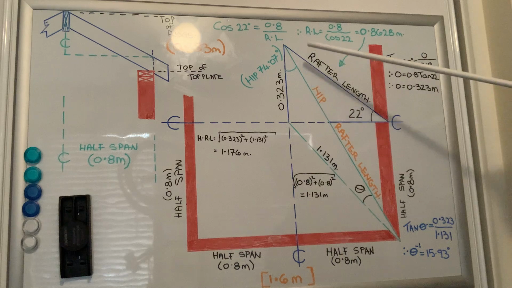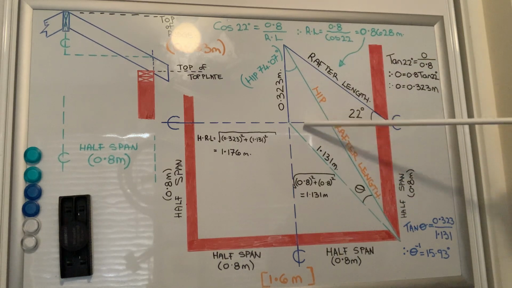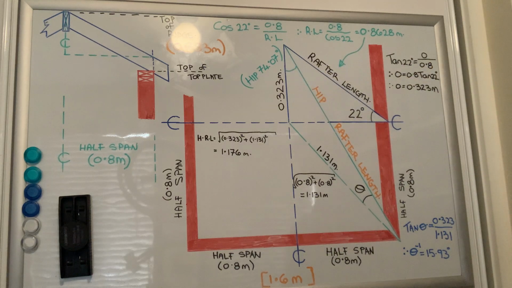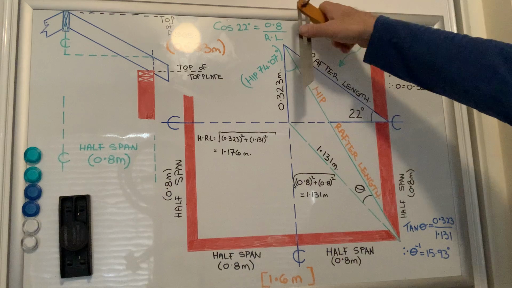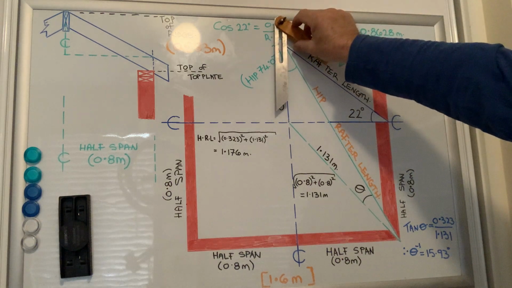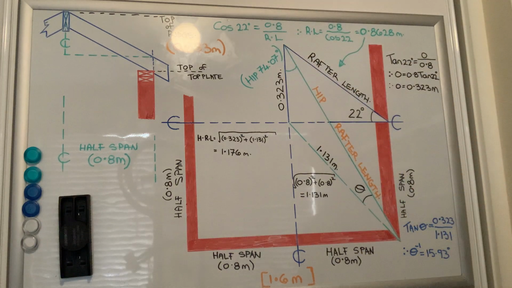So again, 180 degrees, take away this angle, take away 90 degrees, gives us an angle of 74.07. So again, guys, it's an exaggerated diagram, but we can then go to our speed square and work out where 74 degrees is, and we've already got the angle for our hip cut there.